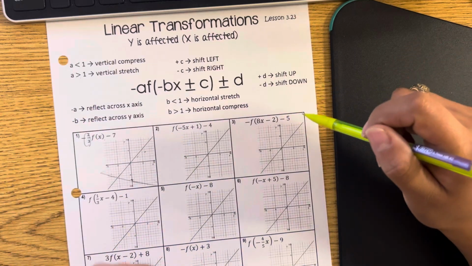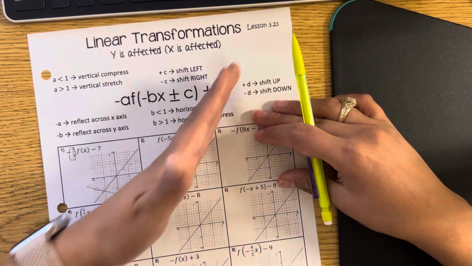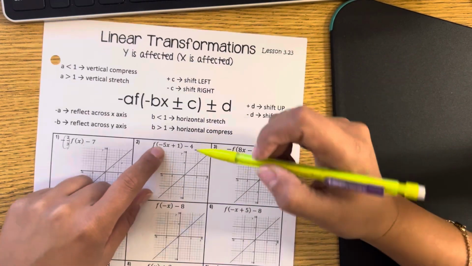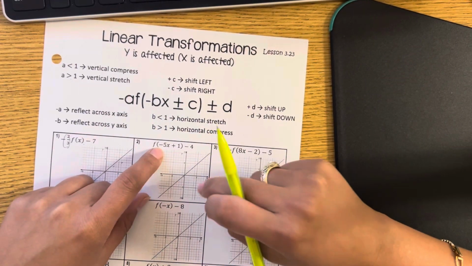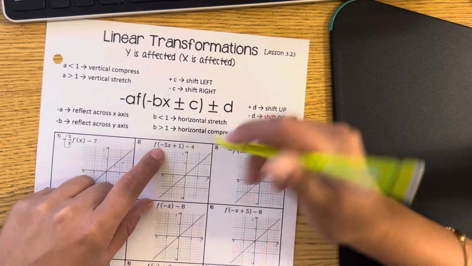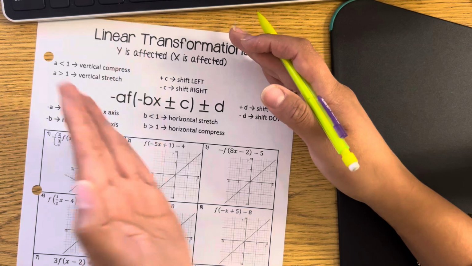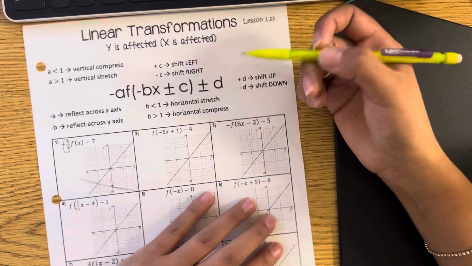Let's look at number 2. So number 2, again, all linear graphs start with y equals x, just like that. The first thing I see is negative, but since it's inside the parentheses, it's a reflection across the y-axis, which means it's just going to flip-flop like that, which is almost identical to a reflection across the x, so it's not much different.